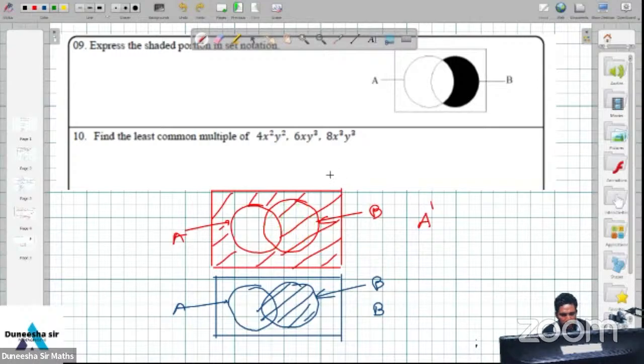ඔය blue එකත් උඩ එකේම අඳින්නම්. What is? This is B. This is B. A dash.